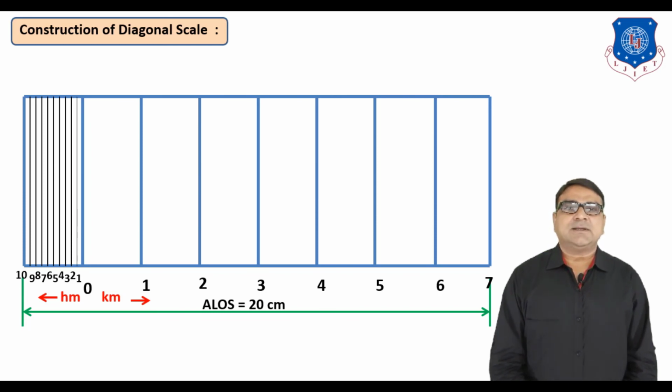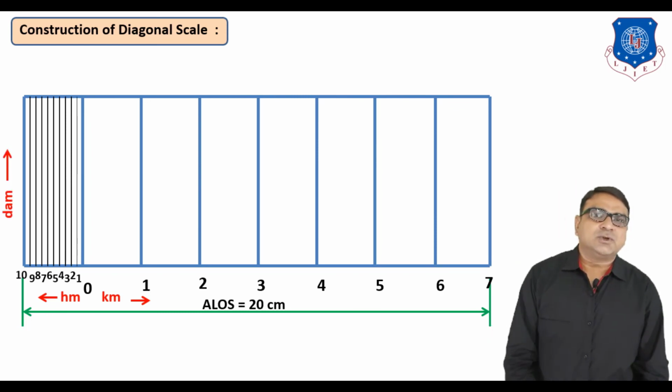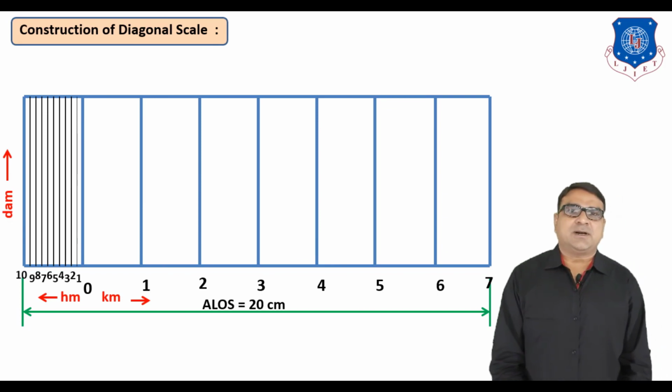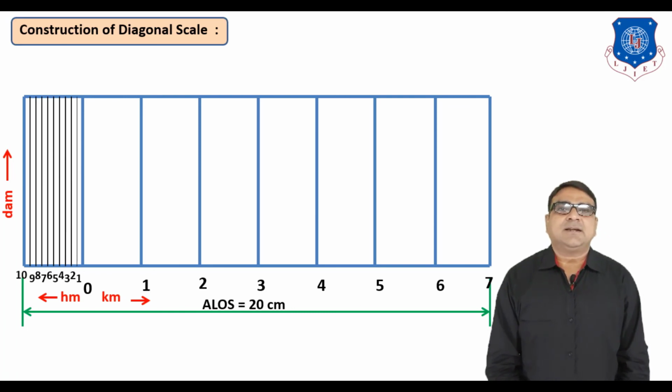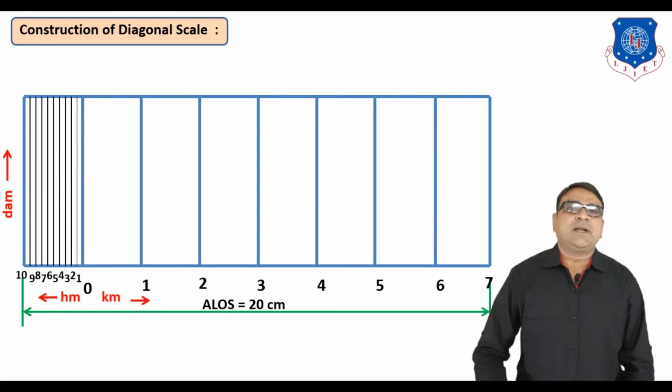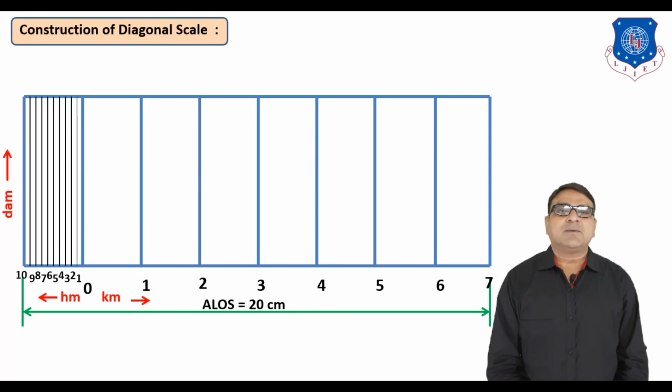So up to this, it is known as a plain scale, which represents 2 units. But for the third unit, decameter, we have to draw one vertical line of any length and divide this vertical line into 10 equal parts, because 1 hectometer is equal to 10 decameter.